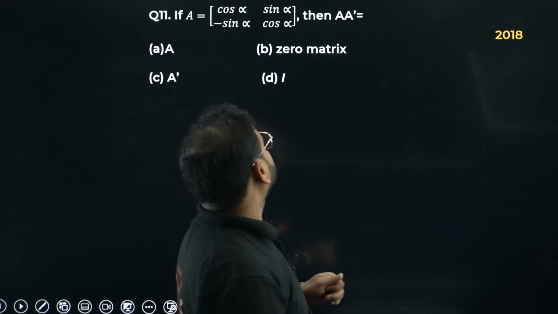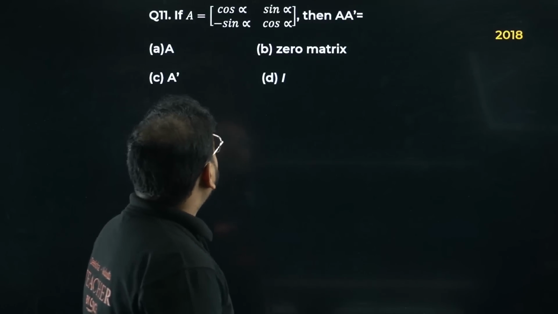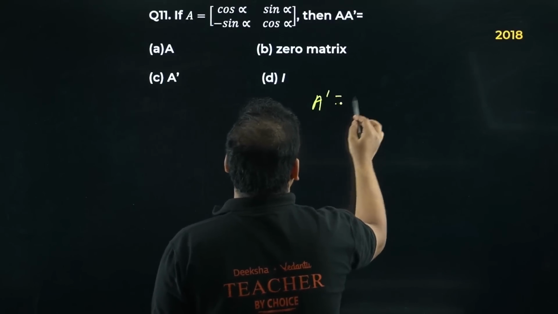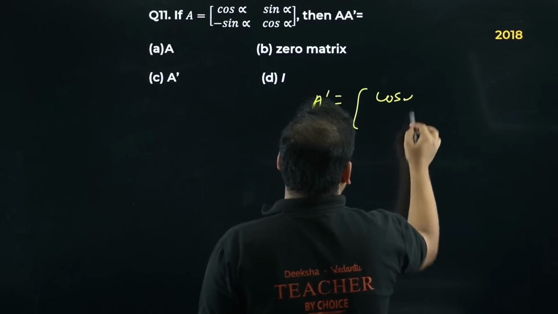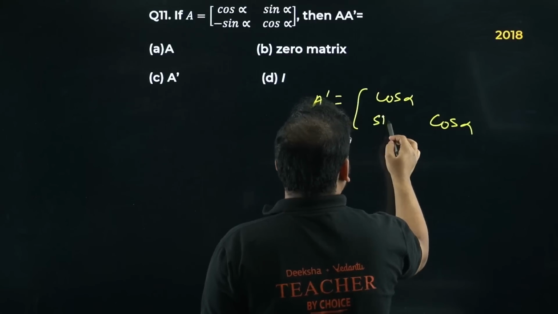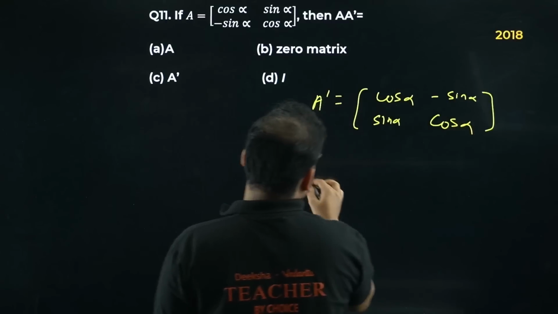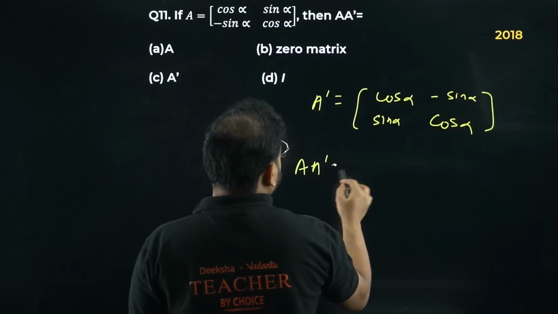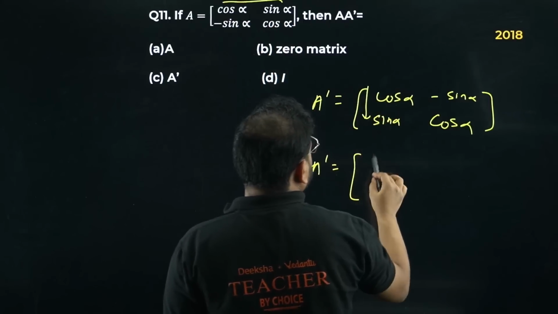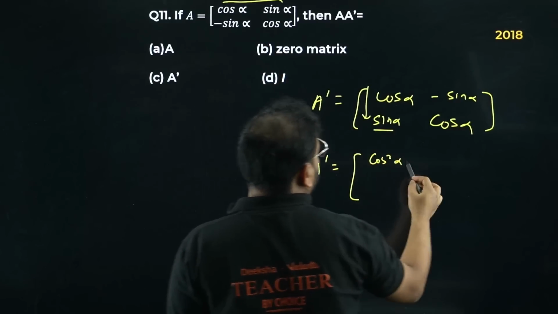11th one. What do I get? Please check. A dash will actually become the identity matrix. Please check. Right here A dash, and you'll have cos alpha, sin alpha, and minus sin alpha, cos alpha. If you multiply, please check what you are going to get. First row to the first column: cos into cos, so cos square alpha, sine with sine, so plus sine square alpha.